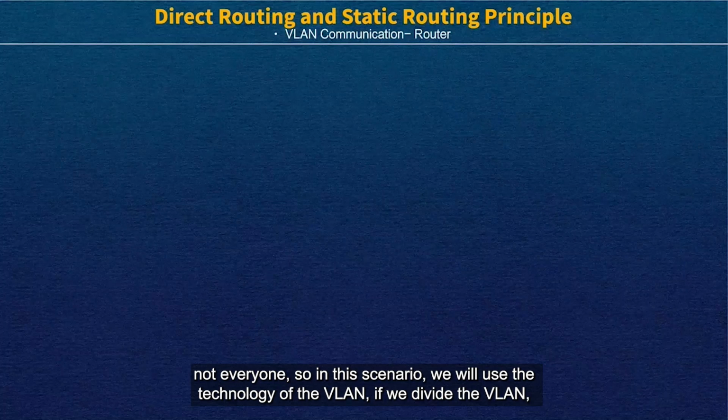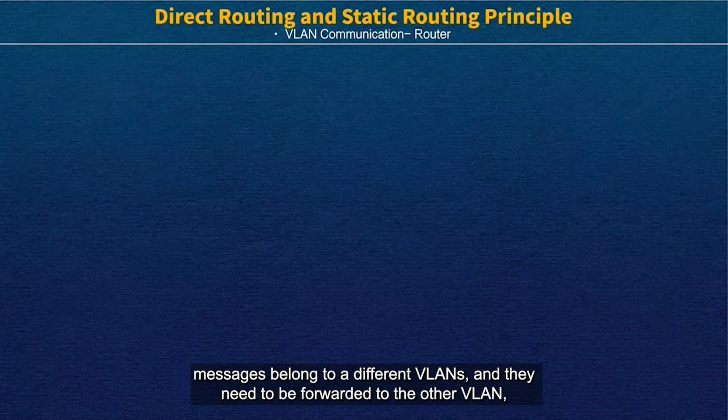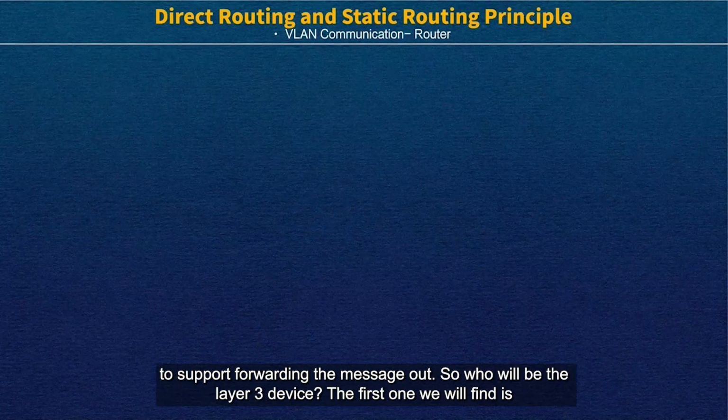If we divide the VLANs, the terminals in the same VLAN can directly visit each other. But if a message needs to be forwarded to a different VLAN, in this scenario, we need a Layer 3 device to support it. That means we need routing information to support forwarding the message out.